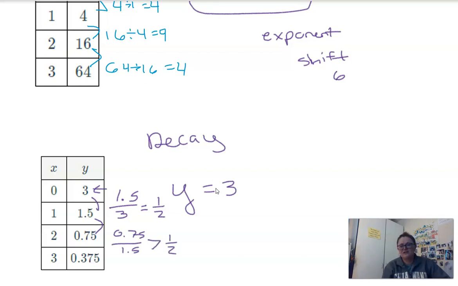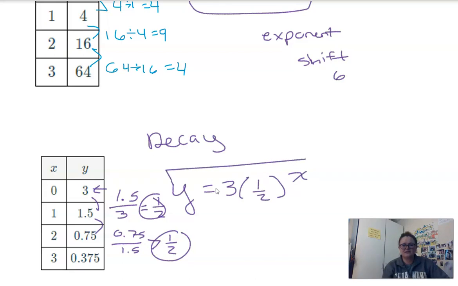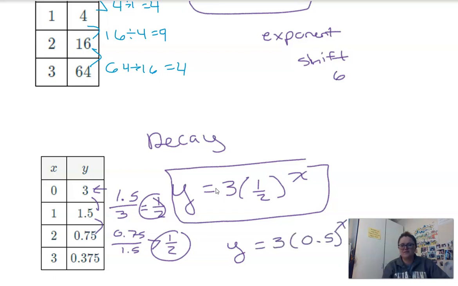Since we know these are consistent, you probably could get away with just checking one. So we're going to put 1/2 right here, and then to the power of x. And that's your answer. For this one, you could also put y equals 3 times 0.5 to the power of x, and you would still get the right answer.